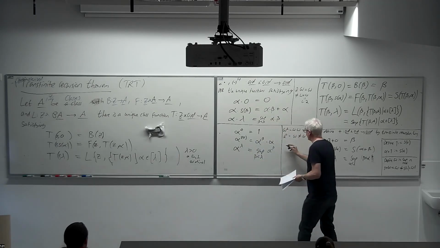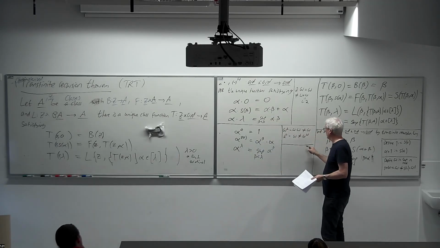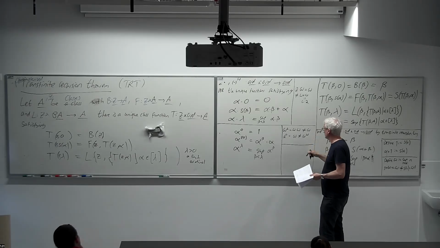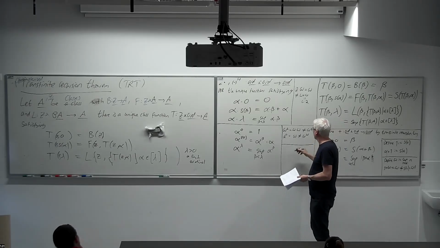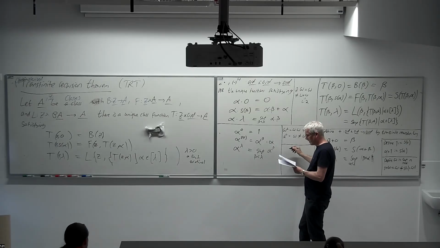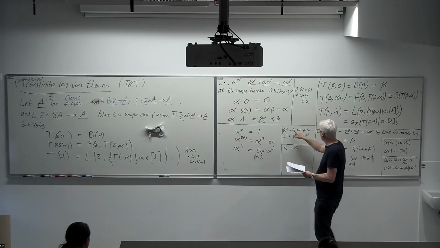And these contrast with equalities we have to do with cardinalities. For cardinalities, if we look at aleph 0 squared, then this is the same as aleph 0.